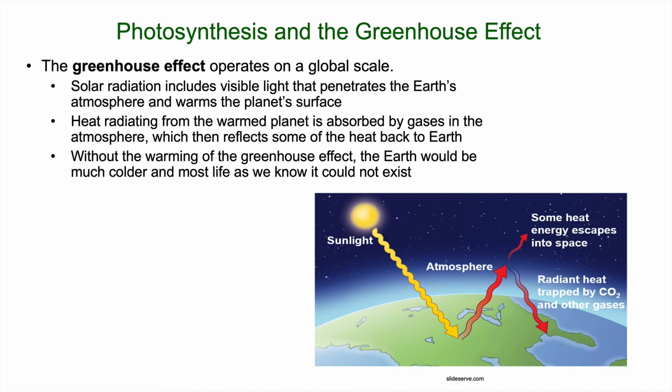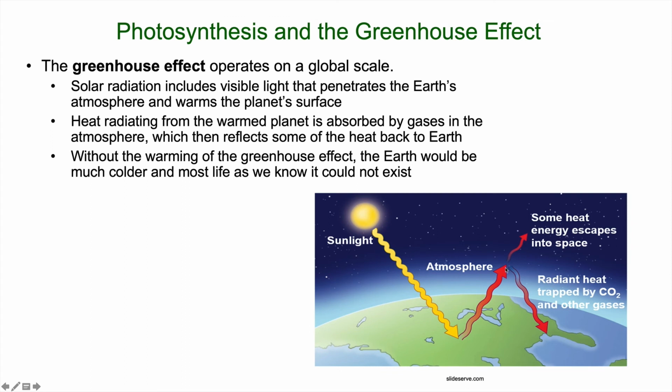We don't lose all that energy from the sun that hits the Earth and goes away. That's kind of good, because it regulates the Earth's temperature to make it ambient, so you don't have really, really hot during the day and really, really cold at night, like occurs on planets that do not have an atmosphere. The problem is when we're releasing too much CO2 and we get higher and higher concentrations of CO2 in the atmosphere, less and less of this radiant heat energy can escape.